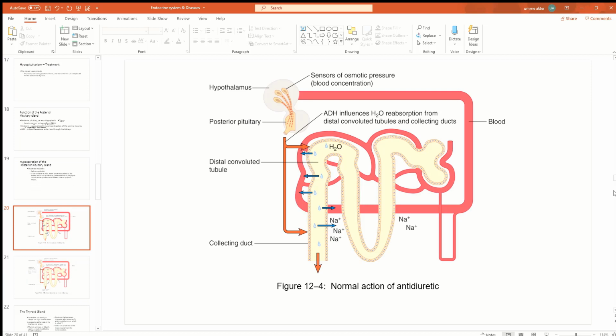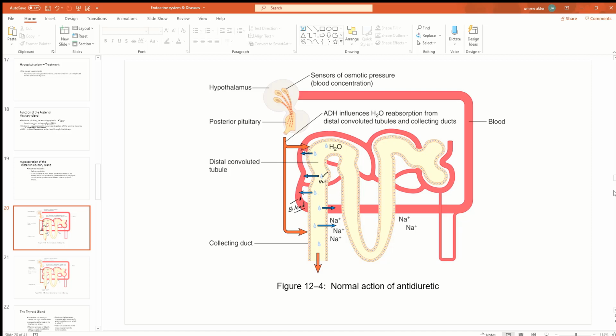So the antidiuretic hormone works on the kidney tubules, and you see, it takes the water back into the body. So this is water. From the kidney, it takes the water back into the body, into the blood here.